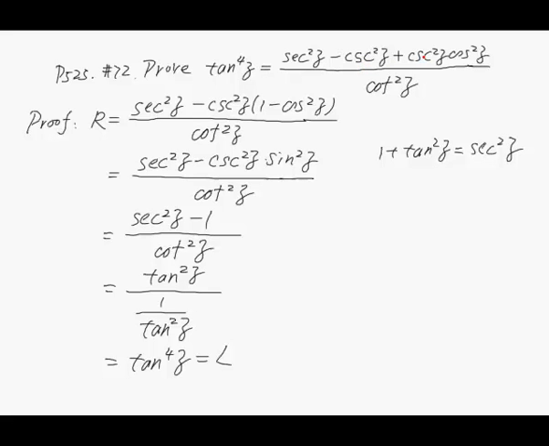These two terms have the common factor. So you factor this out, and then you use the fundamental identity, and then you use the reciprocal identity, and then you use one of the Pythagorean identities, and then use this reciprocal identity, and then you arrive at the left side.